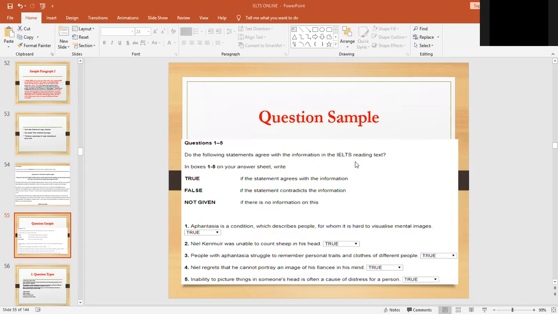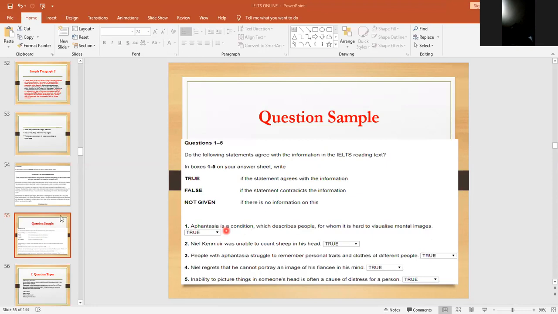The number one question. Okay, I will quickly give you the answer, but while I'm treating true, false, not given, I will try to explain. The thing about true, false, not given is that you are asked if that statement was actually written in that format in the passage. The question is saying aphantasia is a condition which describes people for whom it is hard to visualize mental image.